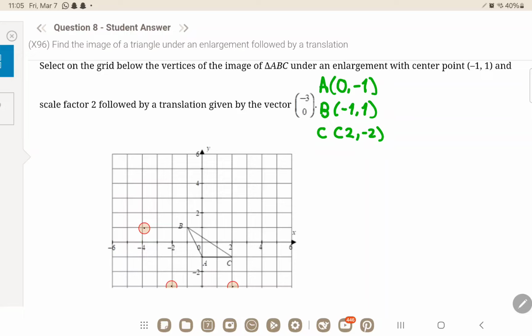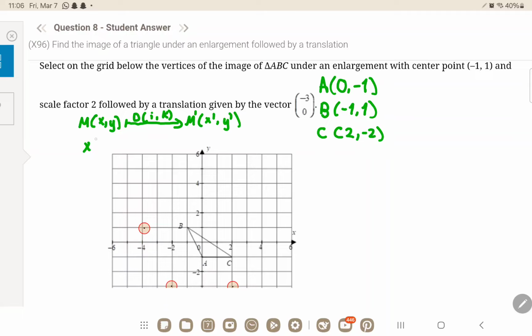So let's say we have the point M, X, Y. If you want it under a dilation of center I, scale factor K, M becomes M prime, which is X prime, Y prime.